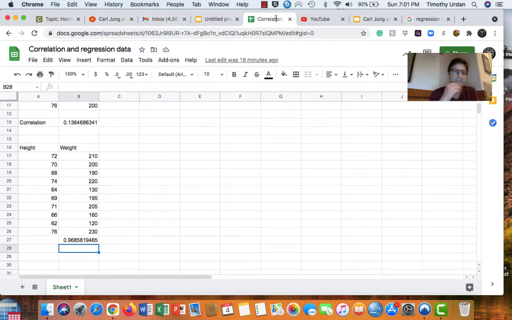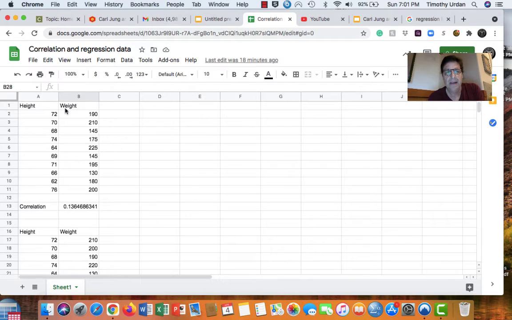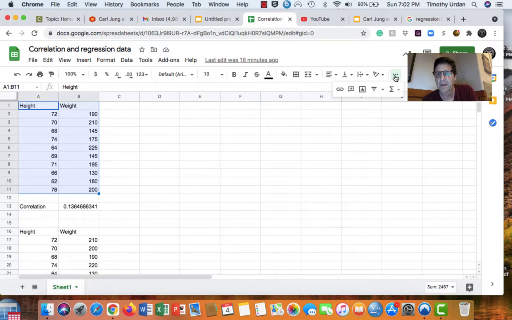Okay, so here I've got 10 cases. These are made up. And here I've got their height in inches, and here I have their weight in pounds. Now look what I can do. I can add a graph.